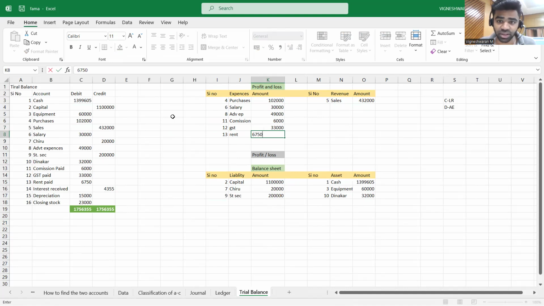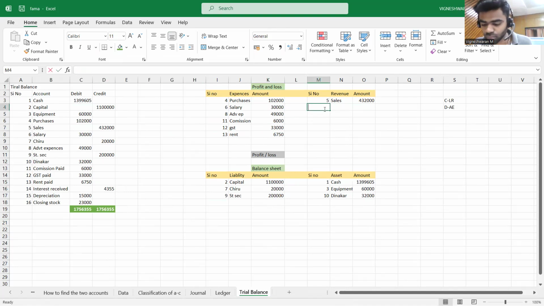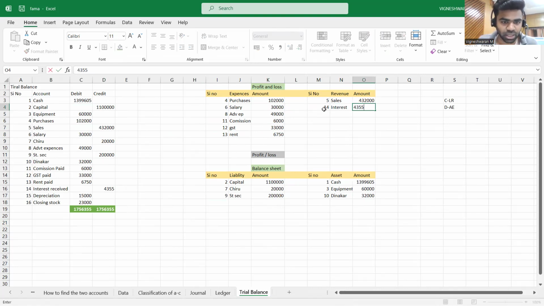Then interest received. I am receiving this interest. It is on the credit side, so it is a revenue. Interest is 4,355. Then depreciation. Depreciation is a loss of value and it is on the debit side. If it is in debit, it should be either an asset or an expense.